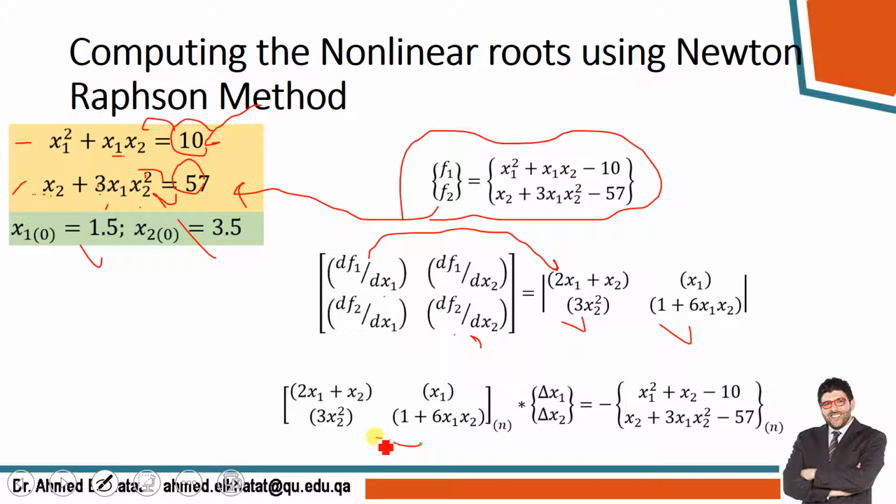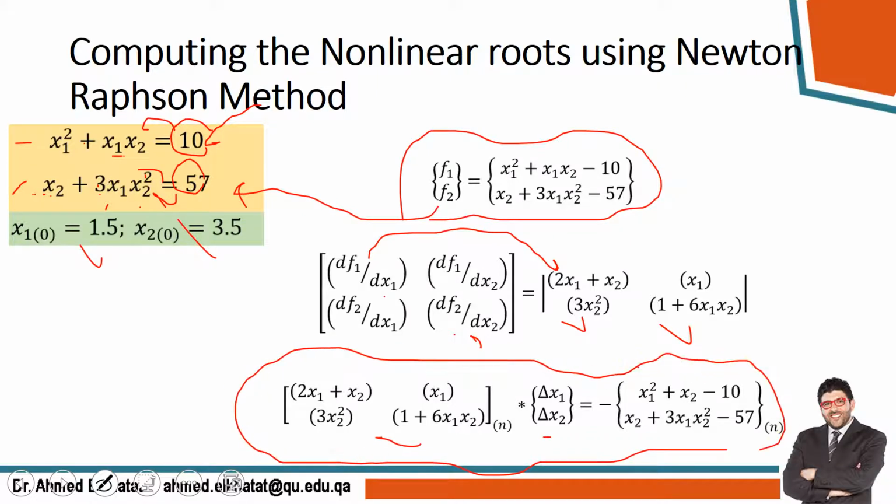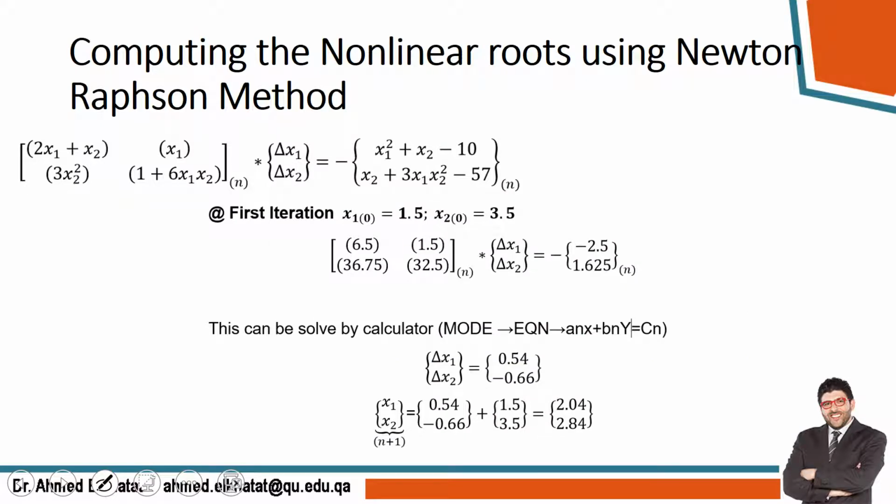Now that we differentiated the equations, we can put this matrix times delta x1, delta x2 equal to minus f. This will be my matrix that I will use with the calculator. For the first iteration we have x1 equal 1.5 and x2 equal 3.5. We just plug the data into the values so we can calculate.